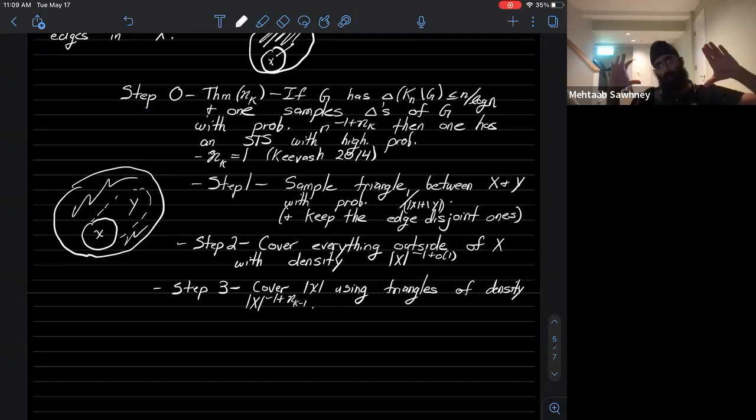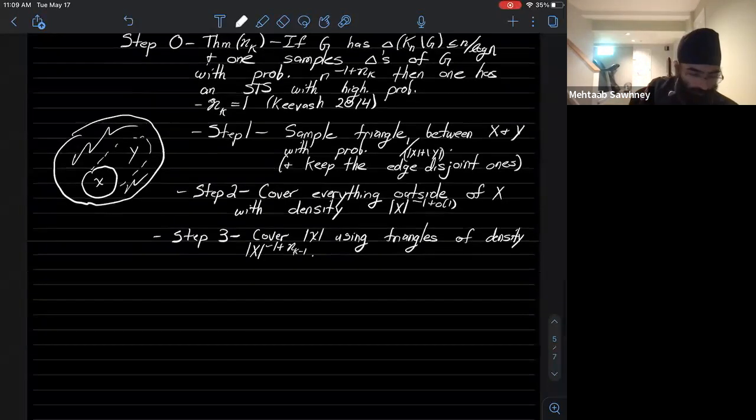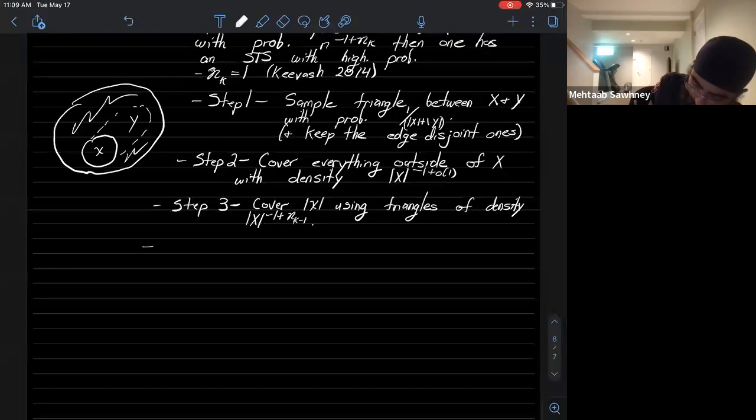So now I've covered everything outside, and I've covered everything inside using these triangles, but the density is too high. I want to go from a parameter eta k minus 1 to eta k, but the triangles I've used at step 3 are too expensive, because X is smaller than n, so this density is too high.